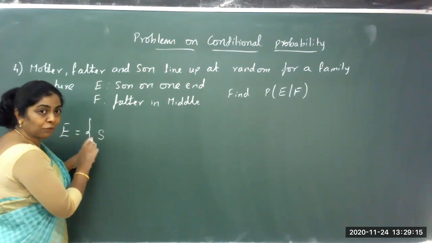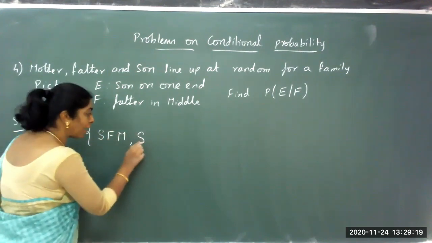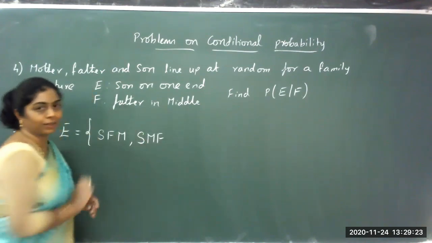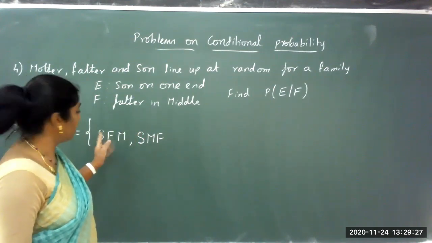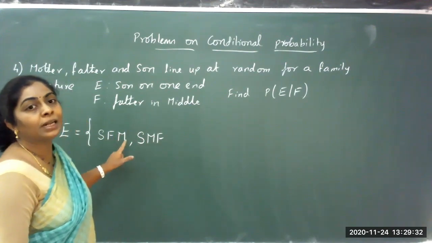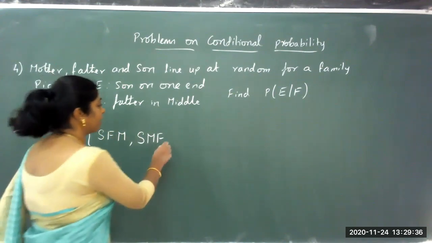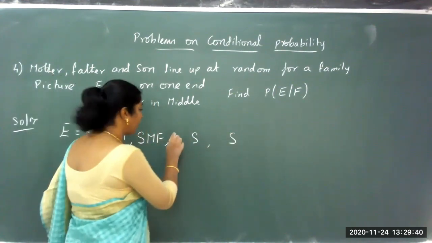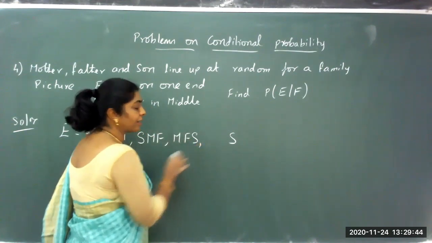So I take the first one: I can have son on the left side, then mother, then father. So one of the ends I have considered, the left, so son is on the left. In one case father will be in the middle and mother at the right. The other case, mother in the middle, father at the right. Then the next possible case is son on the right. Again mother first, then father in the middle, with son at the other end.